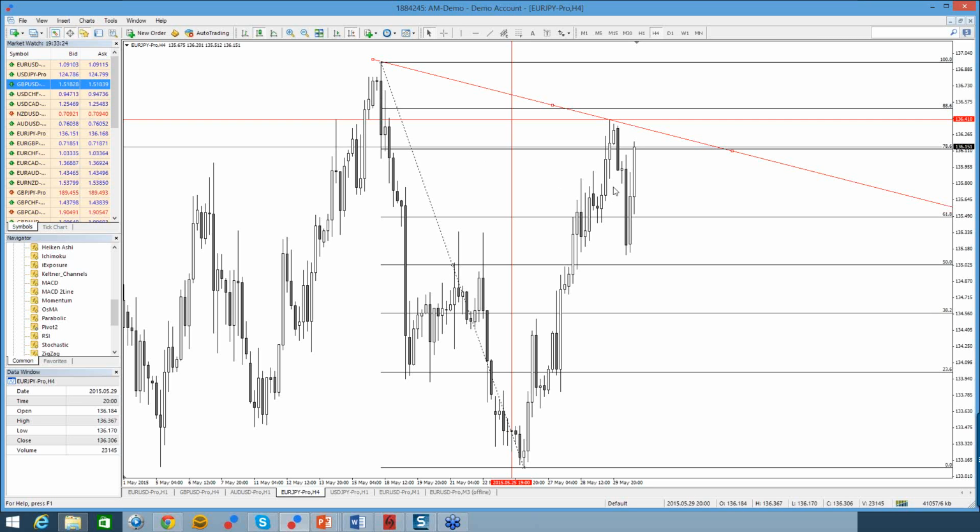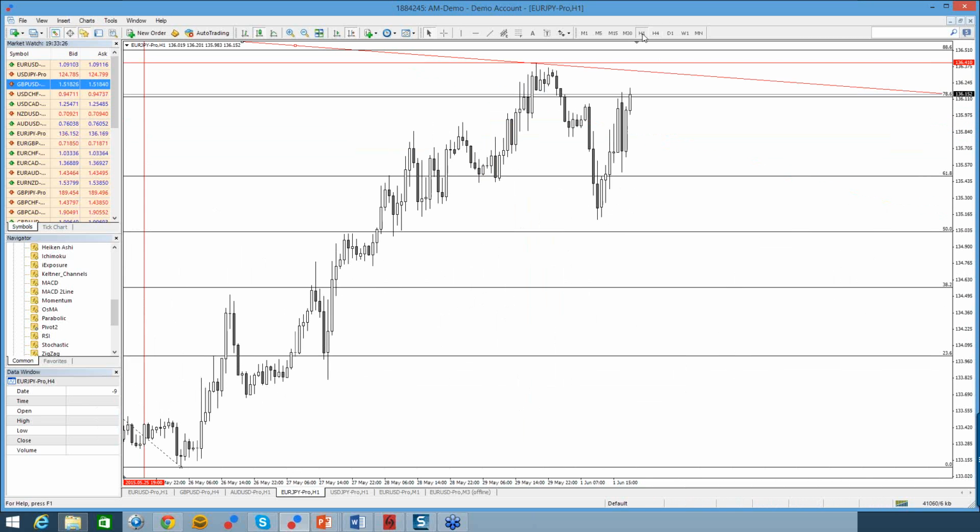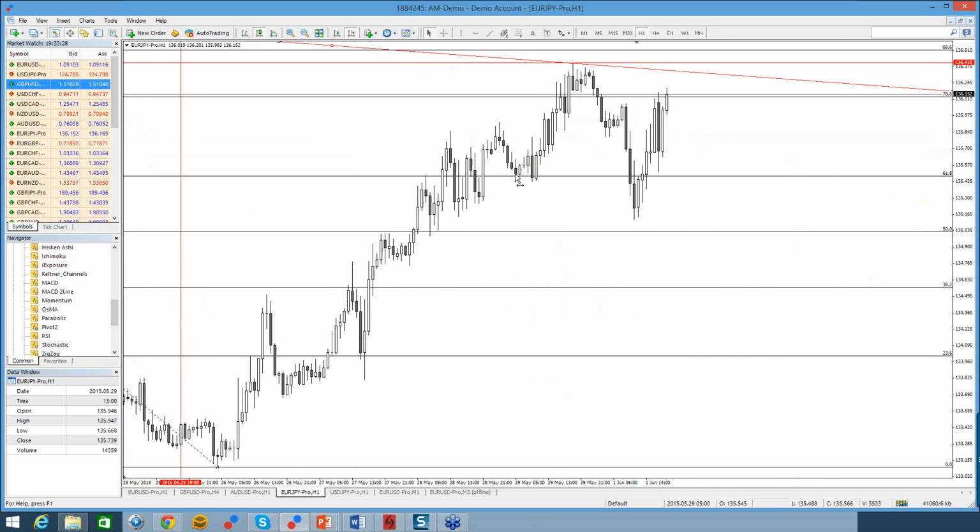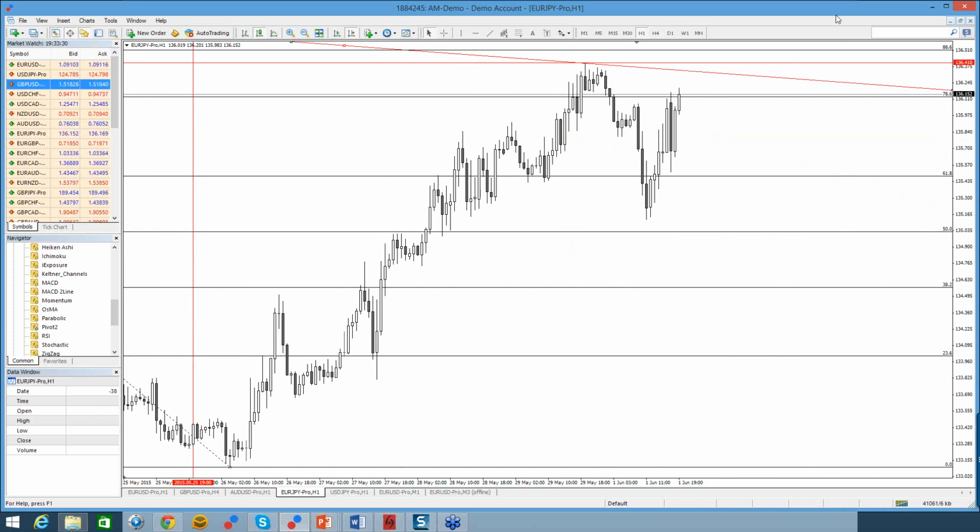Long trades can be seen on the 1-hour chart, because if you see the 1-hour chart here, there is scope for long trades. You can see the level.